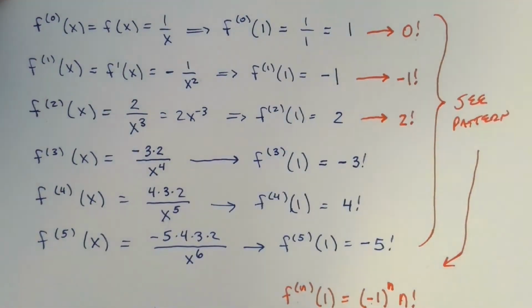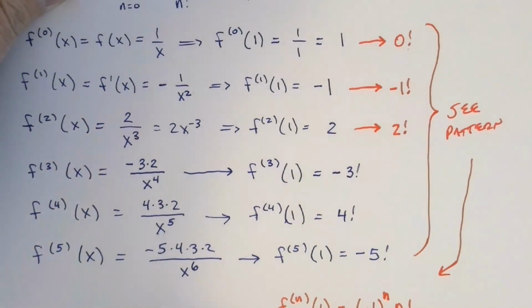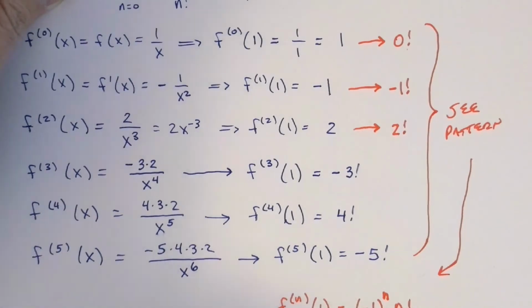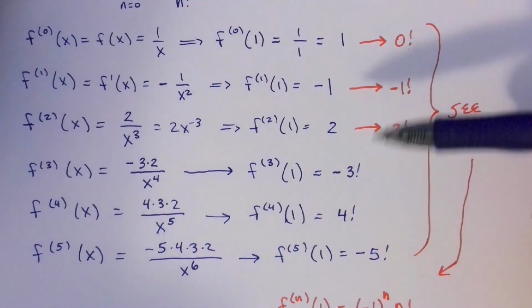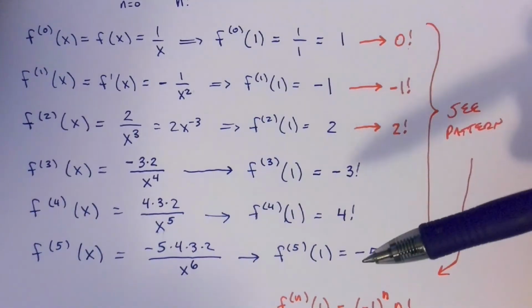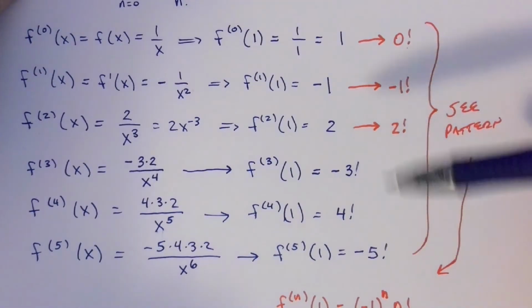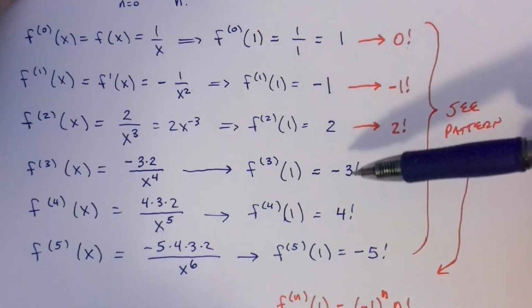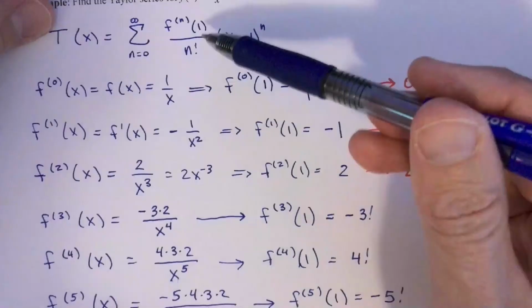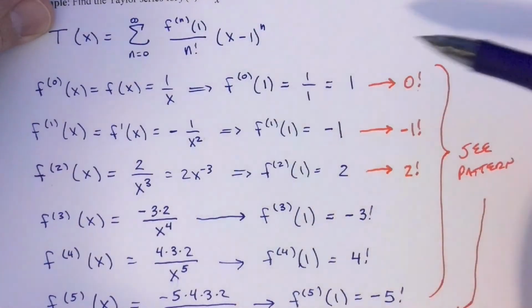Now, what we can do sometimes as far as homework problems go, or test questions, instead of seeing a pattern, I can just ask you to give me the first 4 terms of the Taylor series. So you would just plug into the formula and list them out, right?